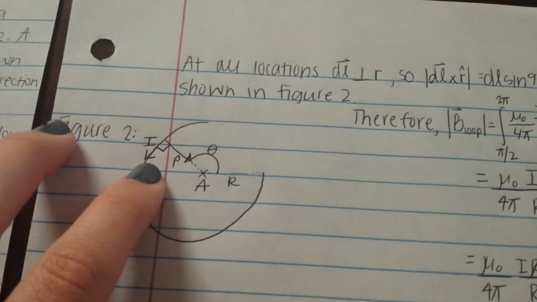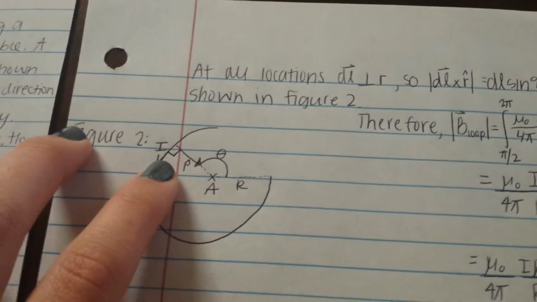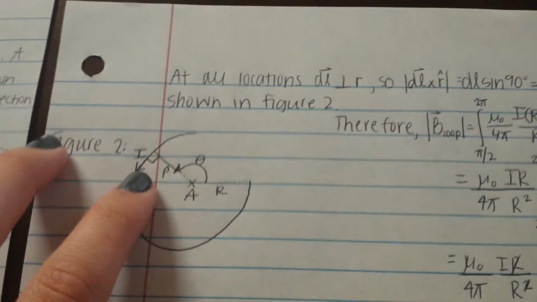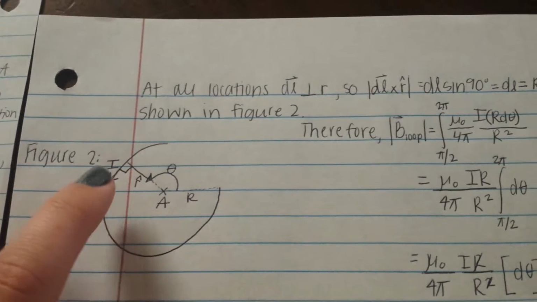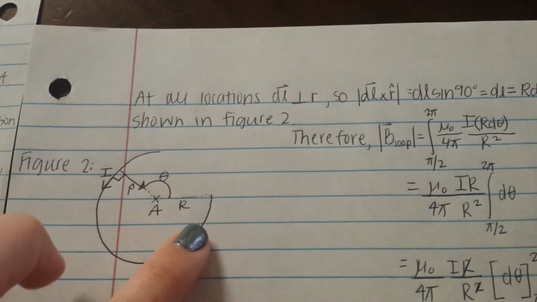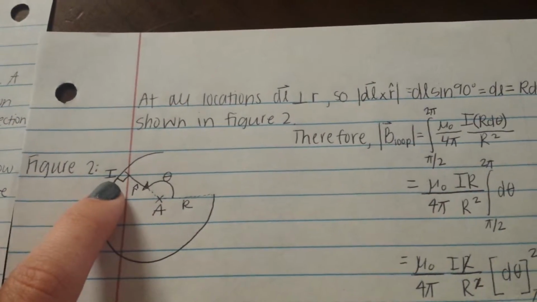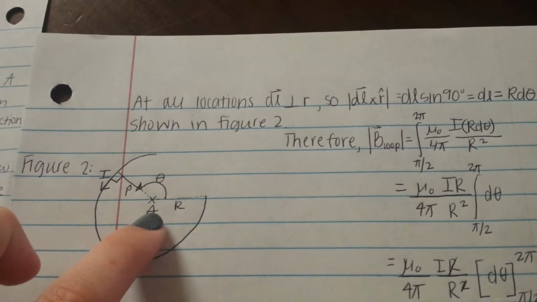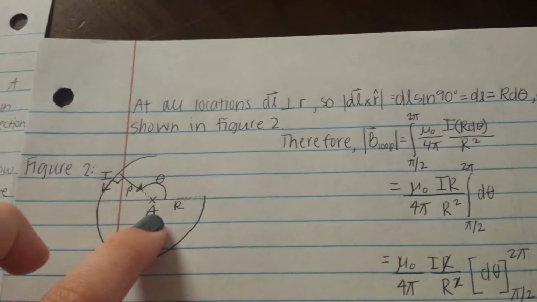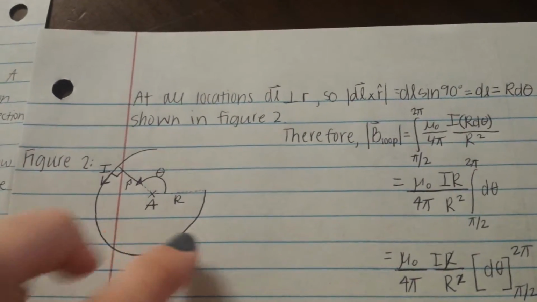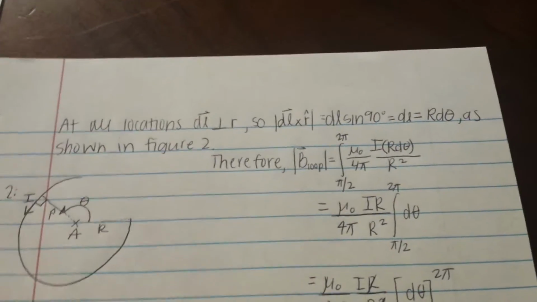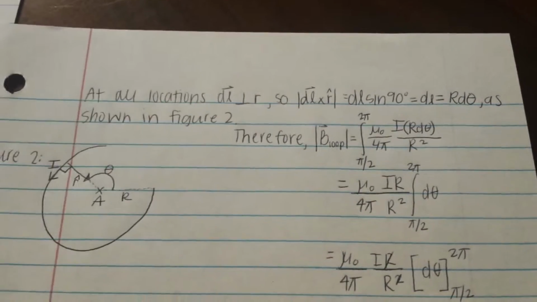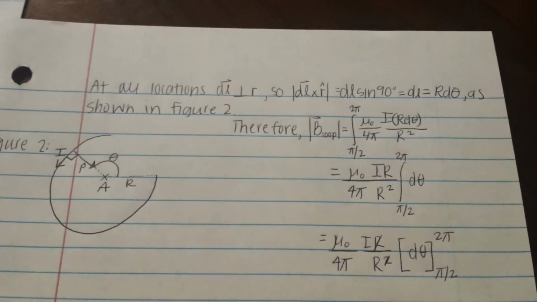So you can see that there's this perpendicular relationship at every location around this loop. If you do dL cross R hat, at all locations dL is going to be perpendicular to R hat.